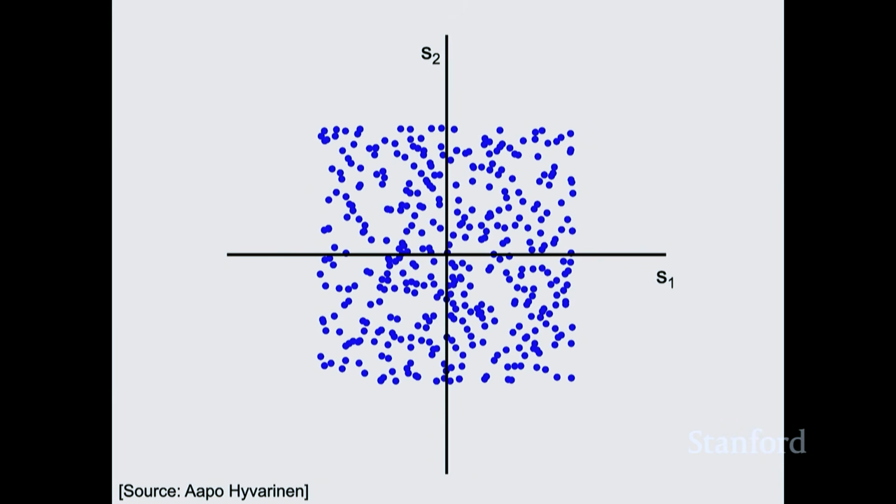The second source of ambiguity is sign ambiguity. You don't know which is plus S1 and minus S1. If you were to take this rectangle and flip it horizontally or vertically, it still looks like the same rectangle.